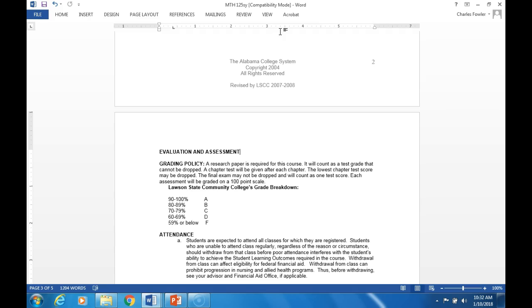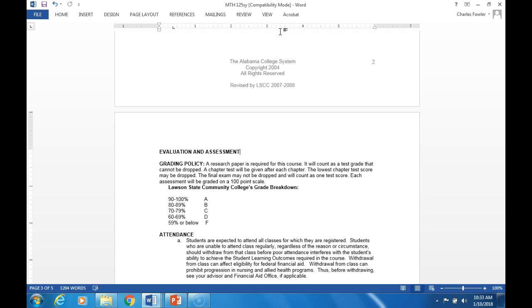Withdrawal from the class can affect your eligibility for the federal financial aid, but guess what? A D or an F does the same thing. Because if you make a D, an F, or withdraw, you have to repeat the class, right? Even though a D is a passing grade, it usually hurts your grade point average because you only get one quality point there, and hopefully you're all in the twos and higher.